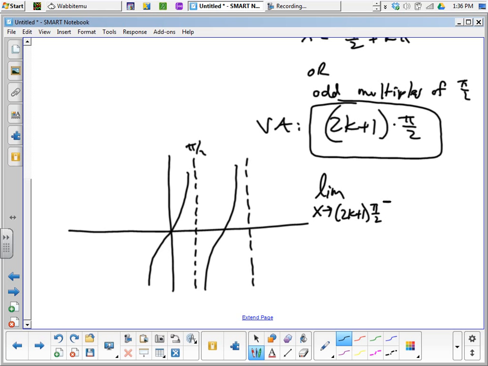So we indicate that with a little minus there. So looking at the left side of any given branch, what's going on on the left side of the asymptote? There's the vertical asymptote, we're on the left of it. What's going on? Infinity, right? It's going up. Okay, so that's infinity.